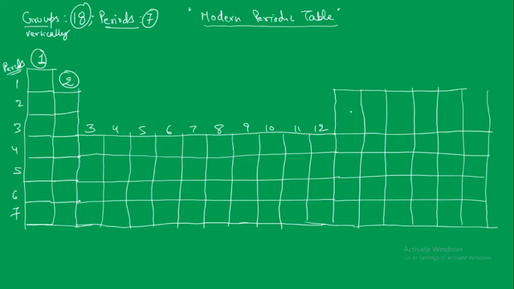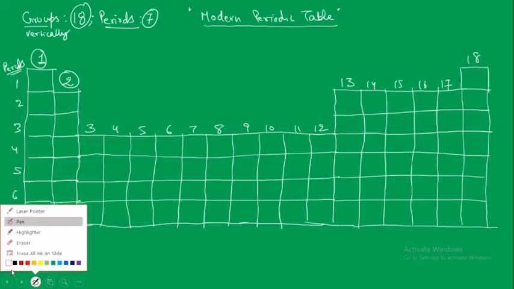Here there are 2 steps, and now one step we will go up. So 12, 13, 14, 15, 16, 17. The 18th is for the noble gases, starting from here, that is helium.